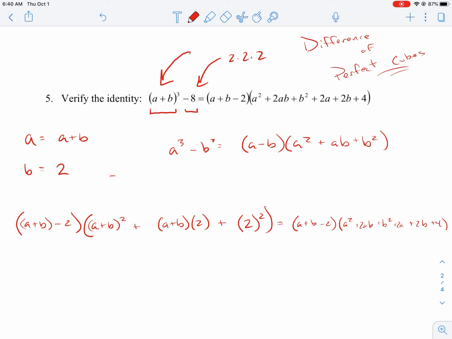All right, so I'm trying to show this left side is equal to the right side, and I'm almost there.